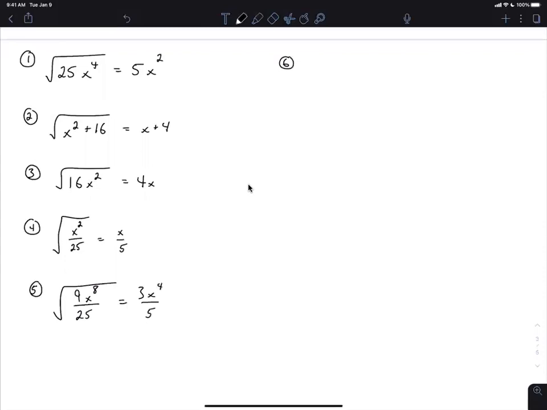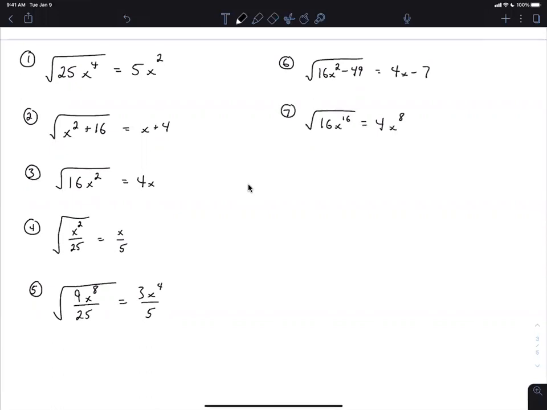All right, am I allowed more than 6? All right, so 7 of them.